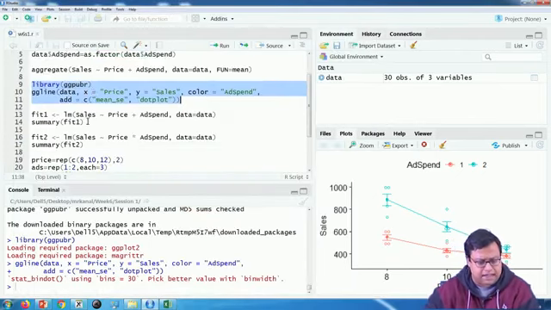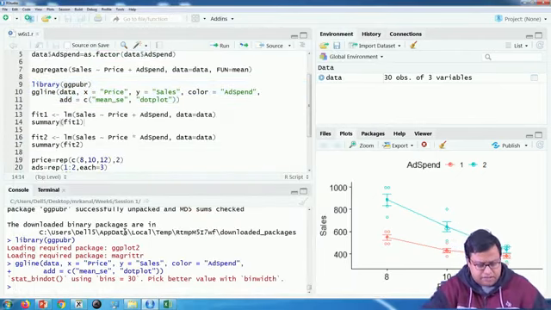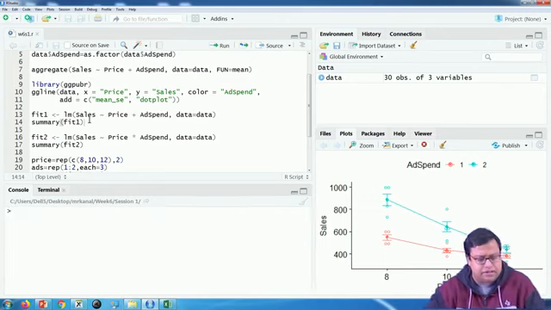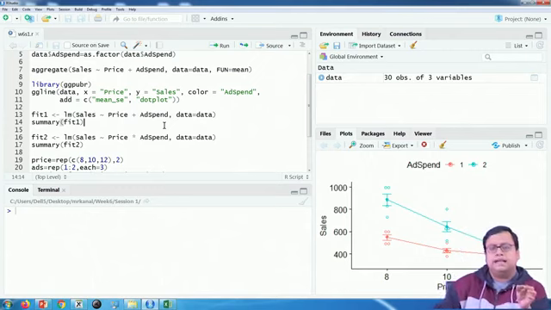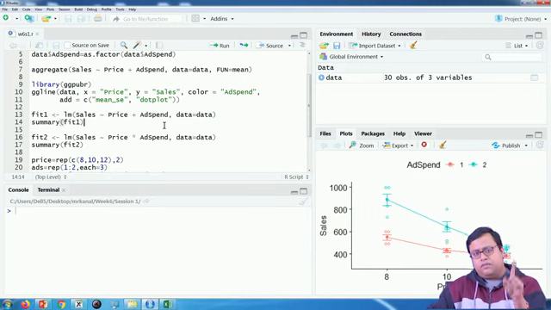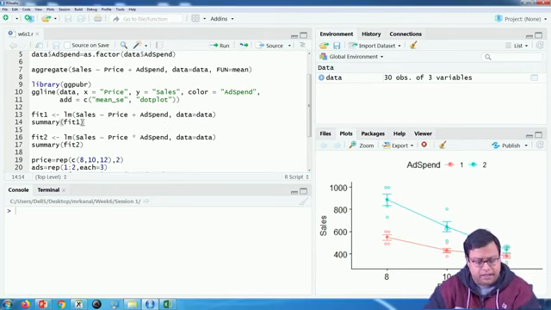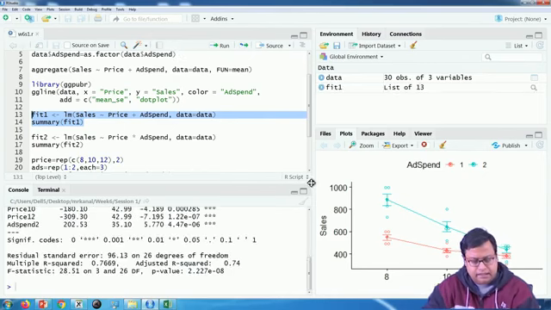To check that, I first run a normal linear regression with sales as the outcome and price and ad spend as predictors. Remember, price and ad spend both are factor variables here. So, for both of them, one of the categories will be dropped because of multicollinearity issues. We have talked about this before, and the other ones will be populated. If I just run this, the result comes up like this.